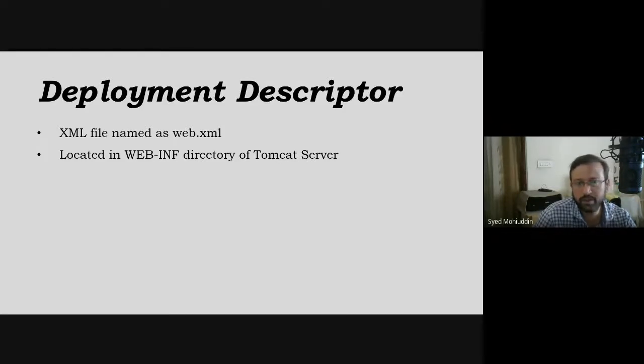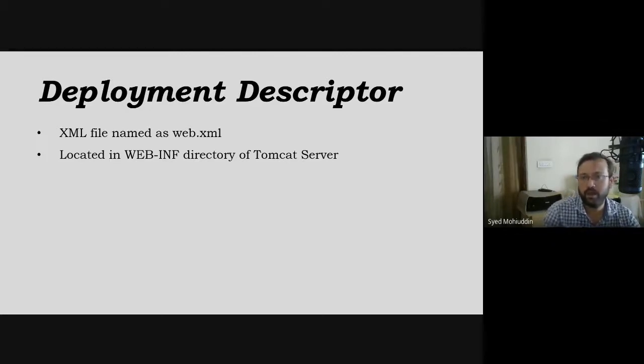Once we place it inside this directory, this XML file will be available once the Tomcat server is started. And once the Tomcat server starts running, the deployment descriptor will contain the URL pattern through which class names will be mapped.